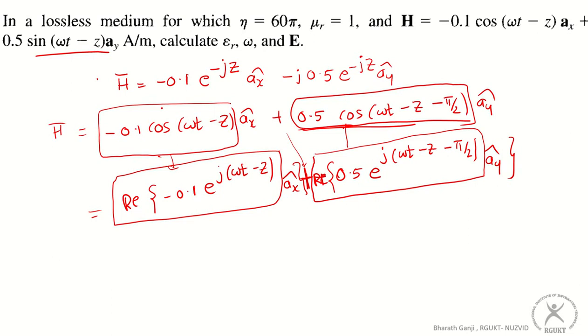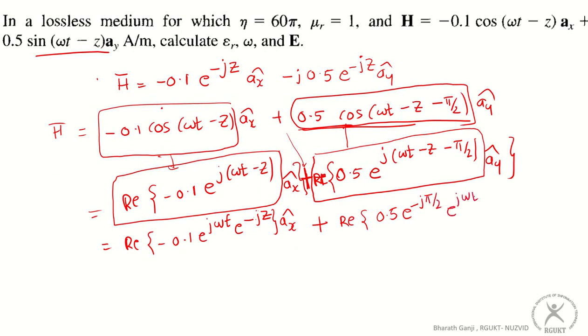So when you write a phasor form, you basically remove these things, write real part and e power j omega t. But first let me write it: e power j omega t and e power minus j times of z into ax cap, plus real part of 0.5 and e power minus j times of pi by 2, e power j omega t, e power minus j times of z into ay cap.